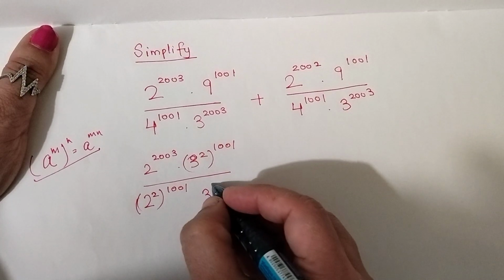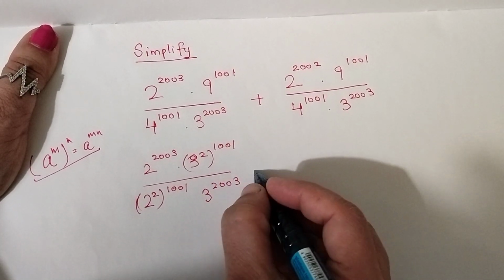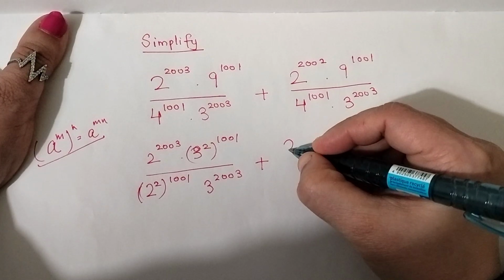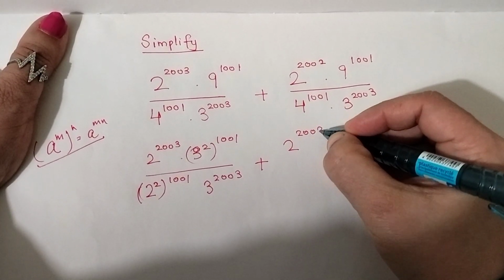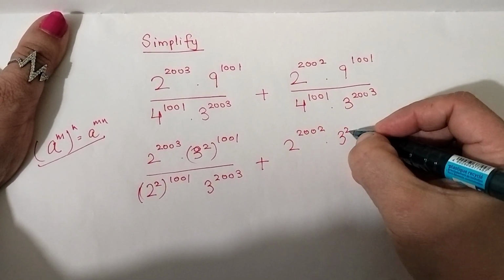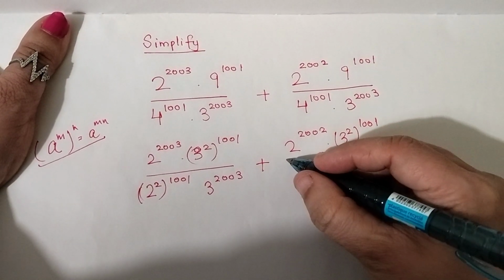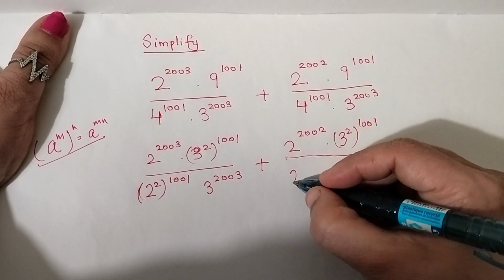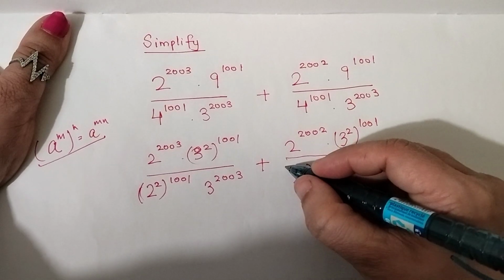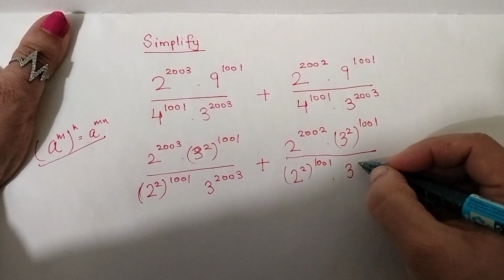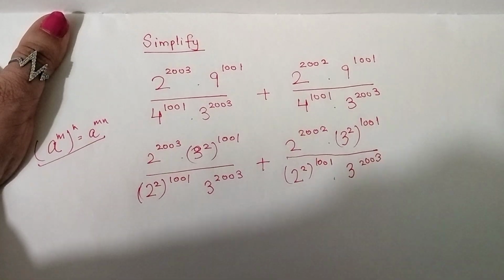And then we have 3 raised to power 2003 plus here we have 2 raised to power 2002. This is 3 square raised to power 1001 by 2 raised to power 2 raised to power 1001 times 3 raised to power 2003, right?